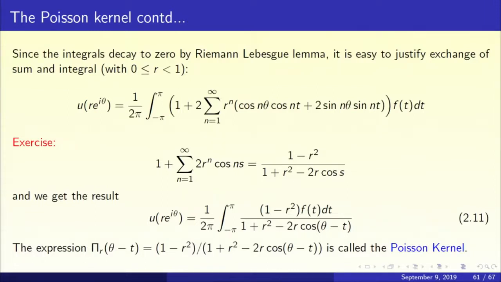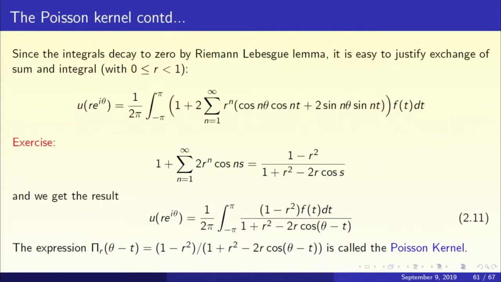You must go back to the previous modules. The very first module where we computed the Dirichlet kernel, remember? We summed a trigonometric series, a special trigonometric series. So 1 plus summation 2 r to the power n cos ns, we must compute. It is (1 minus r squared) upon (1 plus r squared minus 2r cos s).